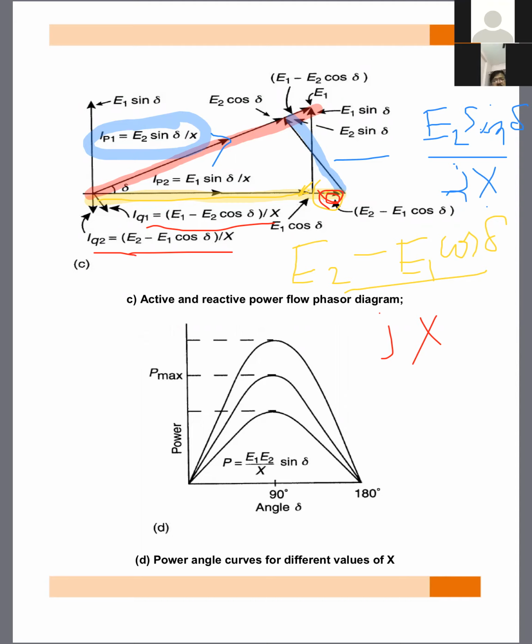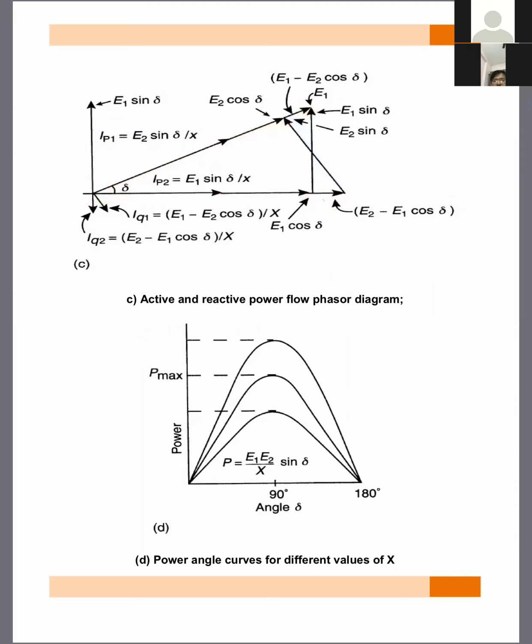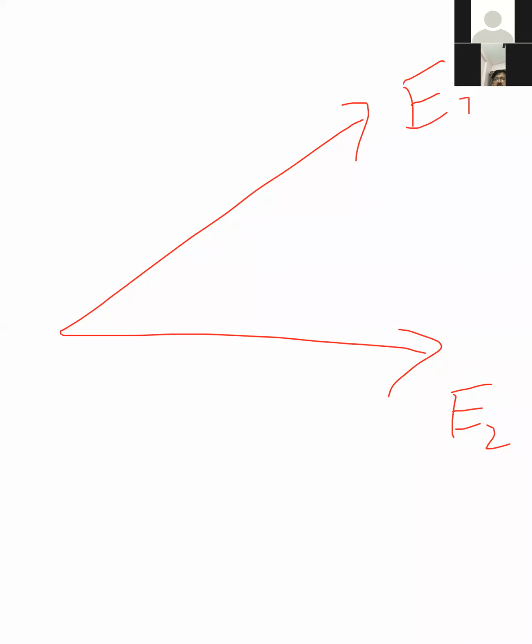You might have seen these in-phase and quadrature components of the currents in machine theory. Finally, remember that some people may feel representing this phasor diagram is difficult, but it is not so difficult. Simply draw E2, then draw E1, and draw perpendiculars to E2 and then E1. Then simply resolve.